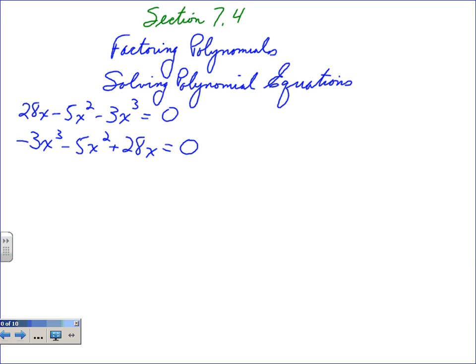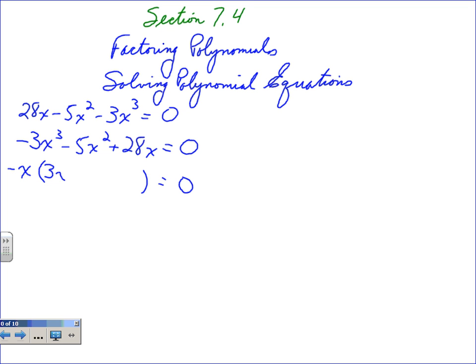First thing you want to look for, does this polynomial have anything in common? What is it? X. And let's do one better. Let's take out a negative x so that my leading term in the parenthesis here is going to be positive because it'll be easier for us to factor.